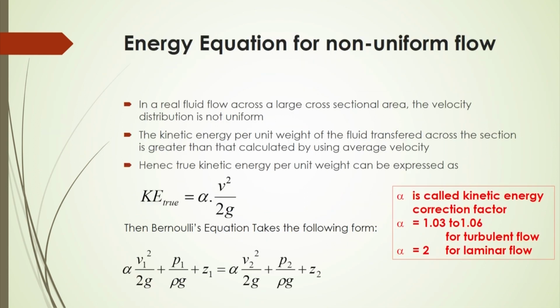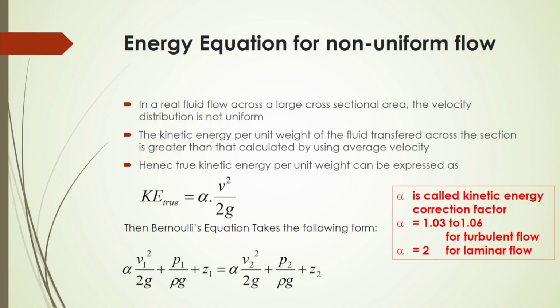And if we consider that the flow is not uniform, what will happen? In a real fluid there is a cross section through which the flow takes place, and the velocity distribution will not be uniform, because the cross sectional area will change. For lower cross sections the velocity will be higher, and for higher cross sections the velocity will be lower. So the flow of the fluid will not be uniform in nature.